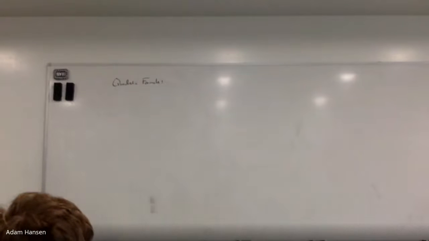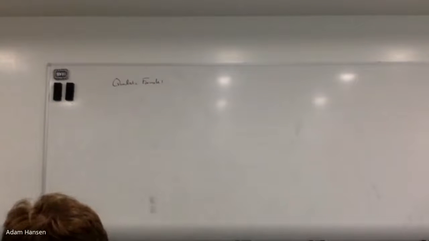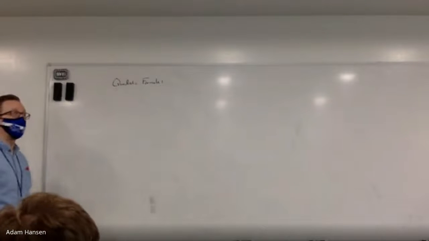So, the quadratic formula. Let's get this written up on the board, and I'll show you where it comes from as well. I use completing the square to prove the quadratic formula.